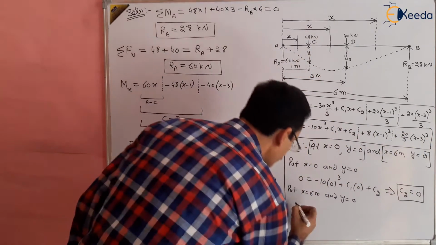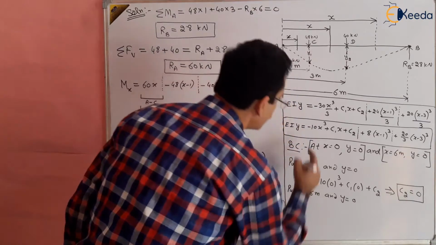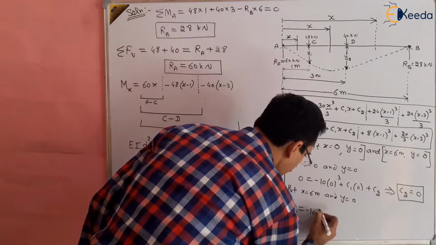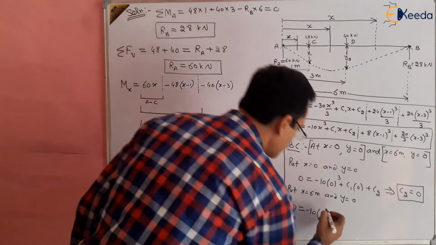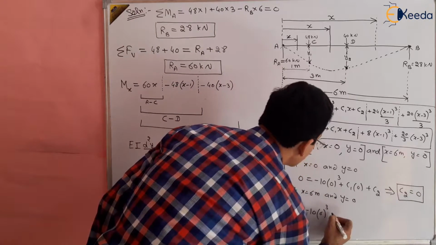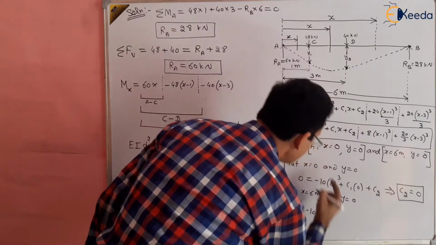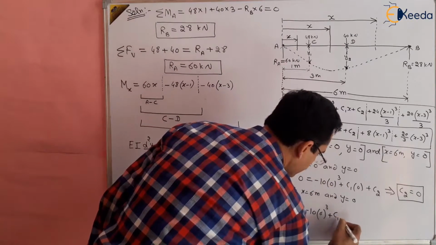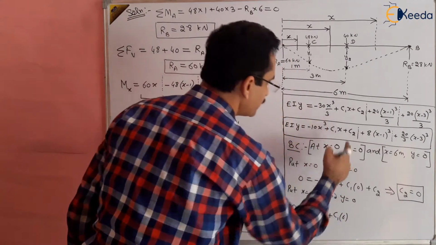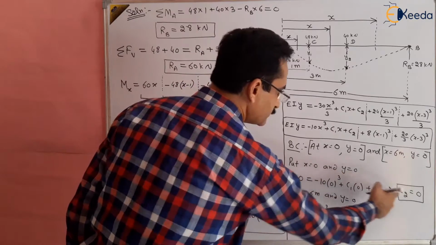So EI times 0, this is 0, will be equal to minus 10 x cube. X cube is 6 meters, means 6 cube, plus C1x. C1 is unknown to us, which we have to find out. C2 is already 0. We have already obtained C2 as 0.